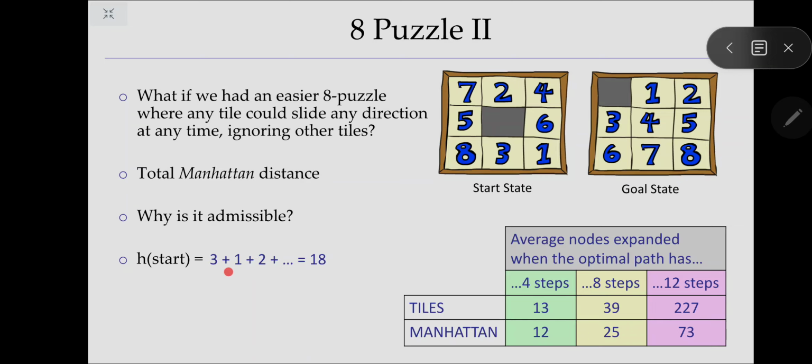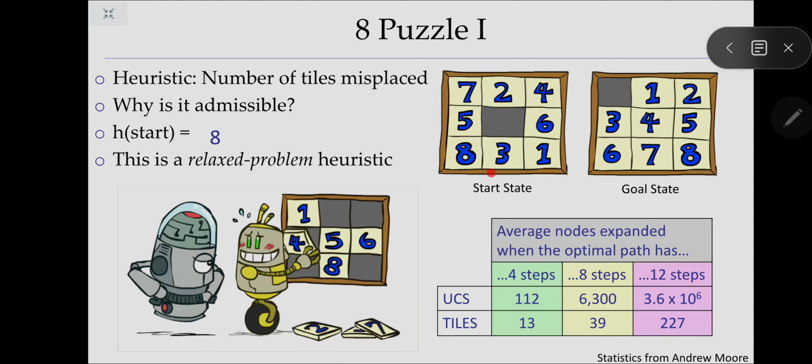If you use the summation of these values together, you can define a better estimation of the optimal change. Compared with the previous, where you defined for this state h equal to 8, now you improved it to 18.